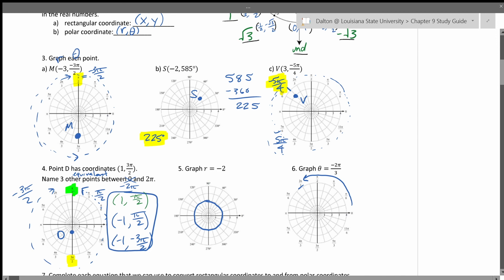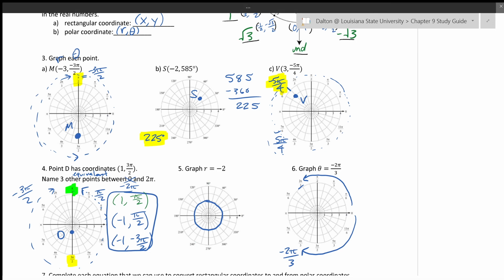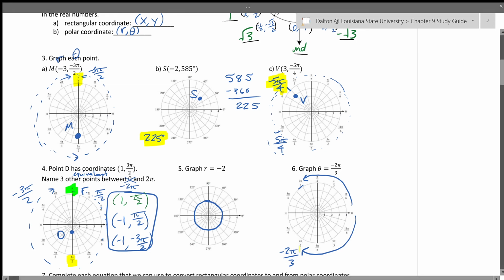If I want the negative version of that, it's going to be the same thing as 4 pi over 3, if I go that same distance. Then 4 pi over 3 is going to be the same thing as that. Then what we're representing is all of the equations that could possibly have this as theta.